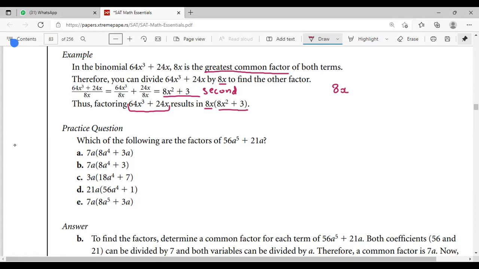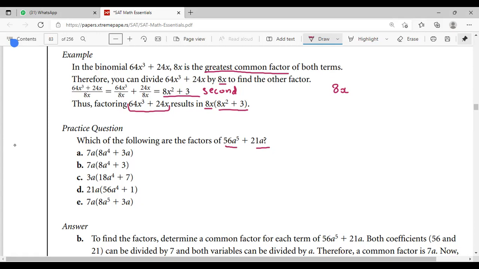No. Okay. Which of the following are the factors of 56a to the 5 plus 21a? So the first thing is to see that we'll be having a.